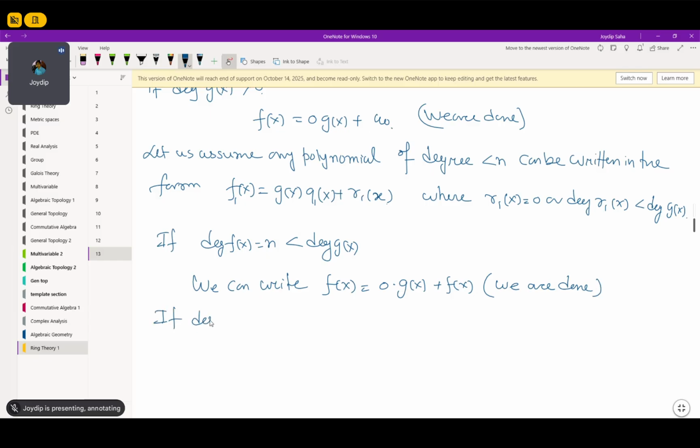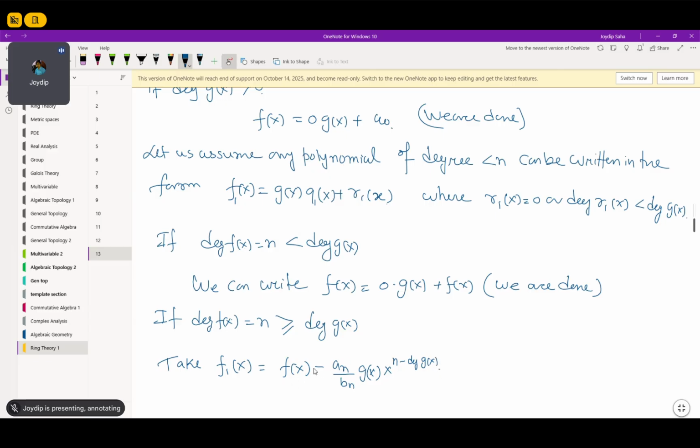If degree f(x), n, is greater than or equal to degree g(x), we can write, take f1(x) equals f(x) minus an by bn g(x) x to the power n minus degree g(x).